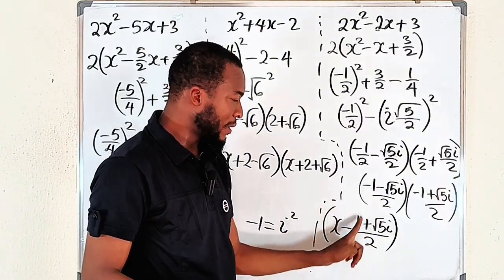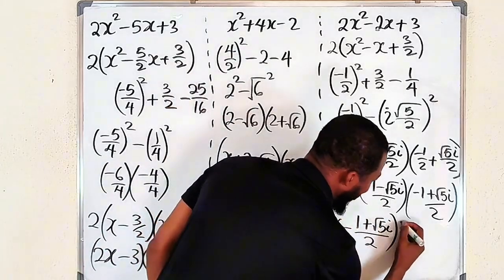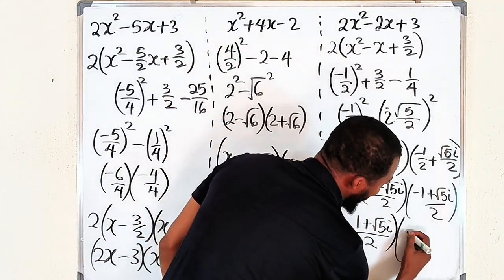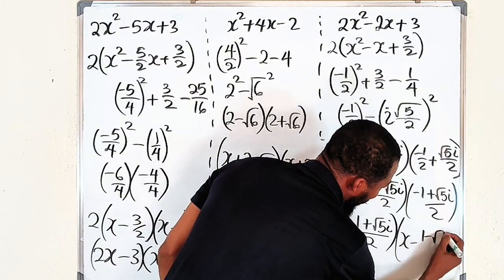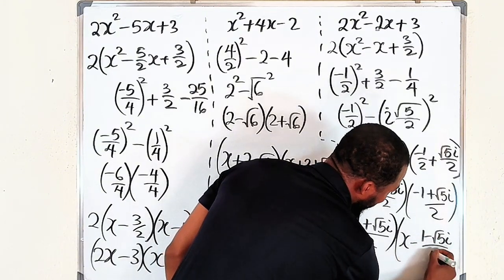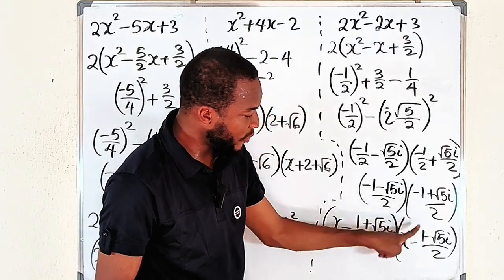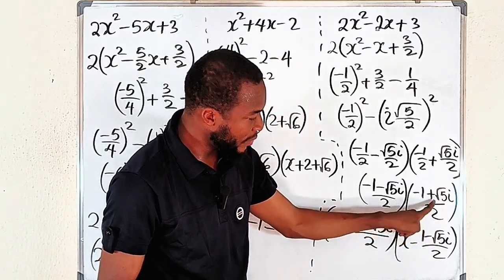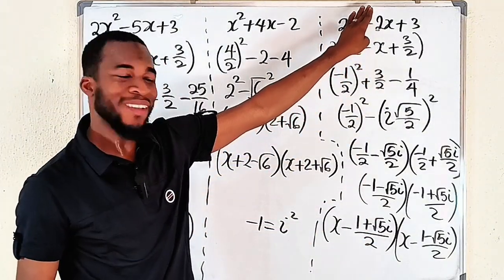Minus 1 minus plus this will make it minus again. So we have no problem with this. Then do the same thing here. x minus 1 minus root 5i divided by 2. The same thing. If minus affects 1, it becomes minus 1. If minus affected this one, it becomes plus. So this is the factorized version of this.